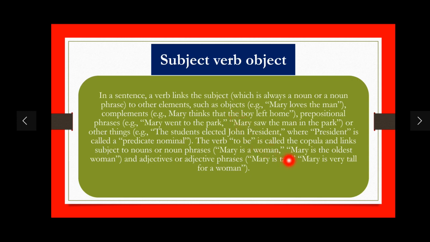So then we have subject, verb, and object. We have subject, verb, complement. We have subject, verb, adverbial. So the subject all the time comes before the verb, and other elements then come after the verb.